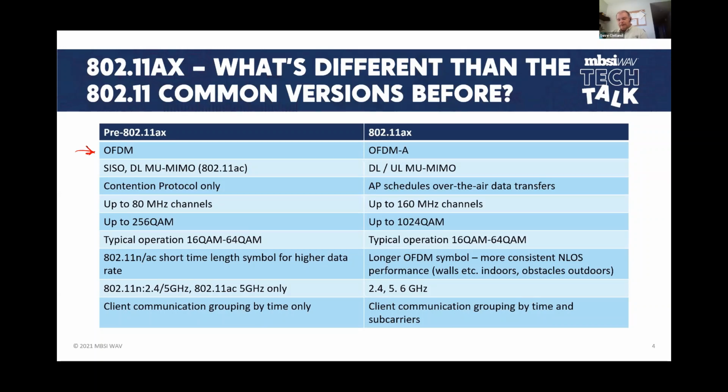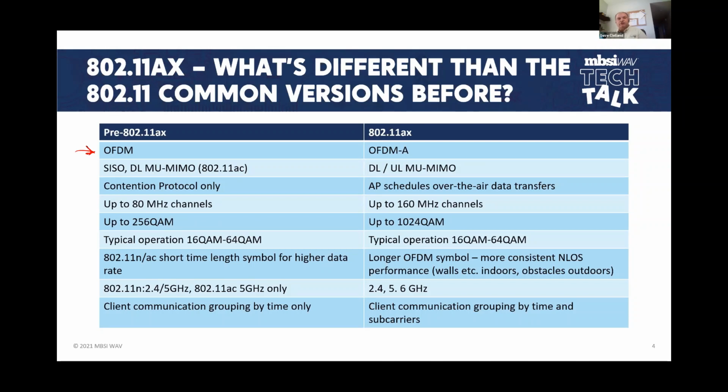That means that the channel, the 20, 40, or 80 megahertz channel, whatever you've got configured in your access point, is broken up into subcarriers, and these subcarriers are then assigned to each Wi-Fi client that requests bandwidth or has something to say.